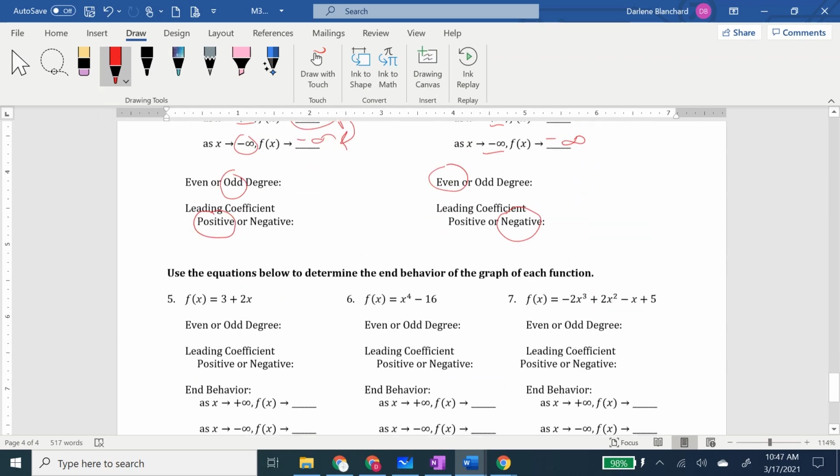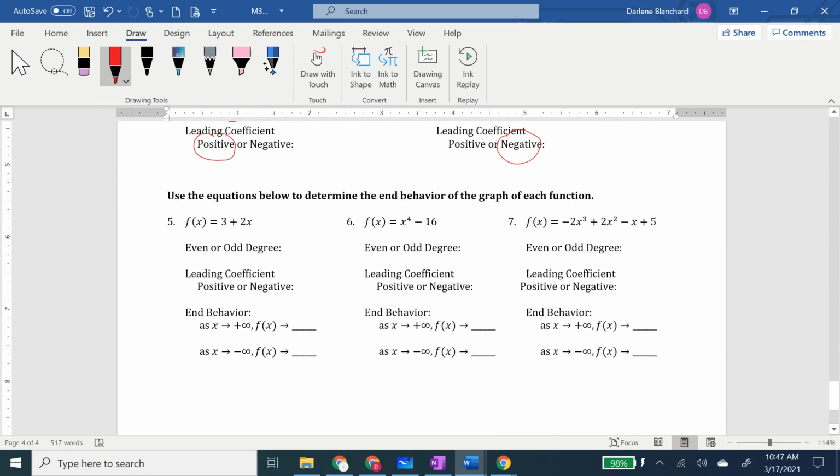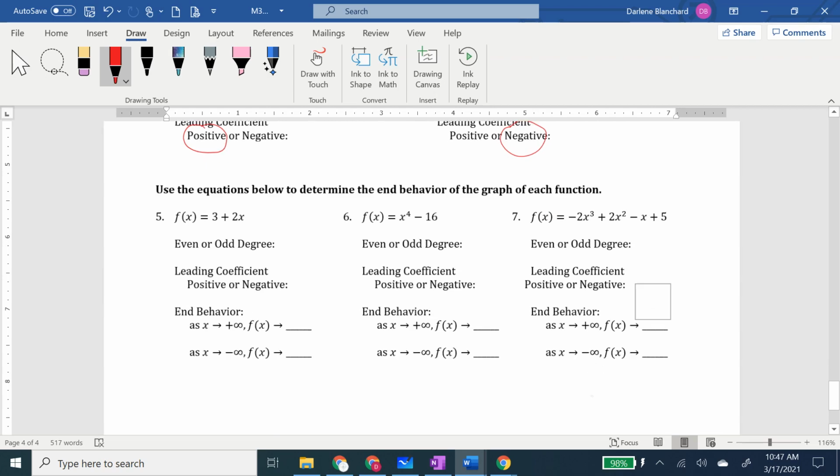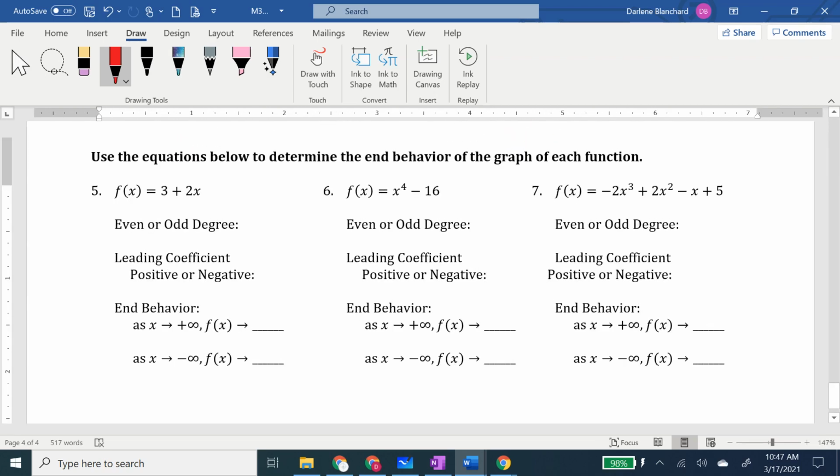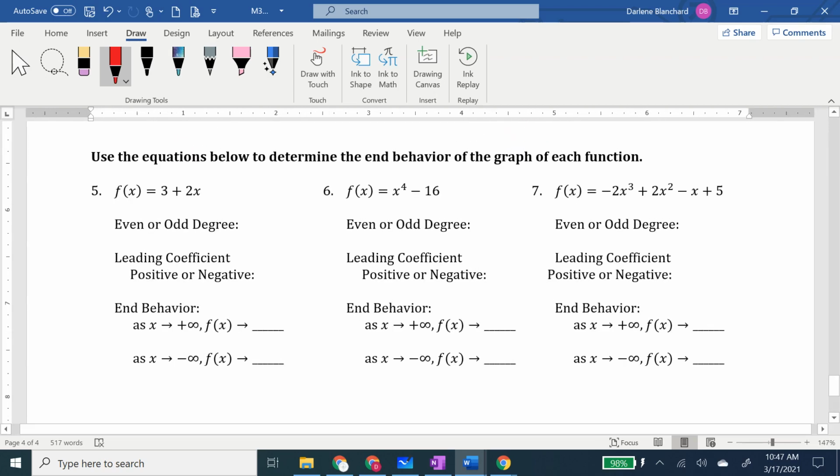The next examples, you have the equations, and this is our last piece. So what I want you to do is look at the equations, and you can see the degree. Largest exponent is a 1, odd degree. The leading term is positive 2x. The leading coefficient is positive 2.